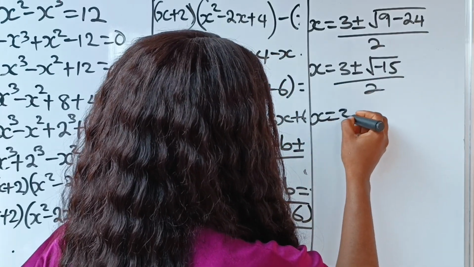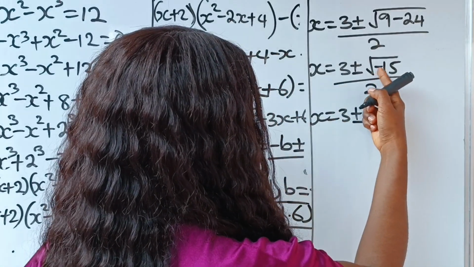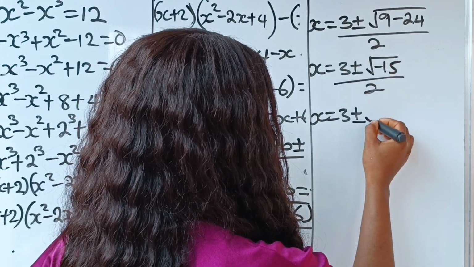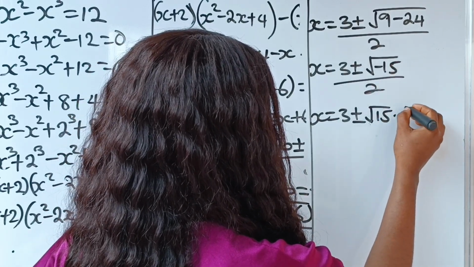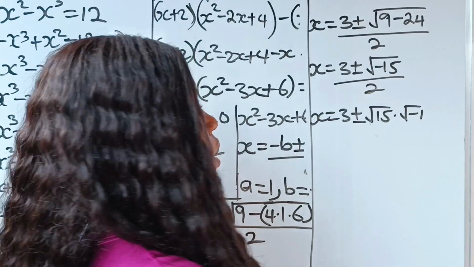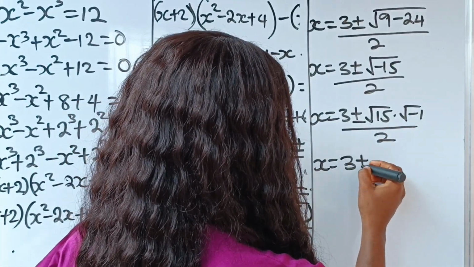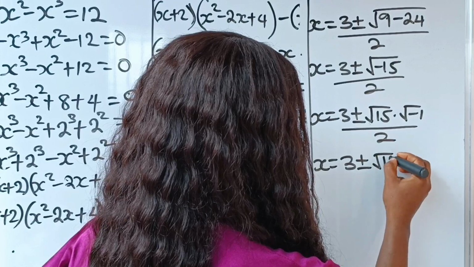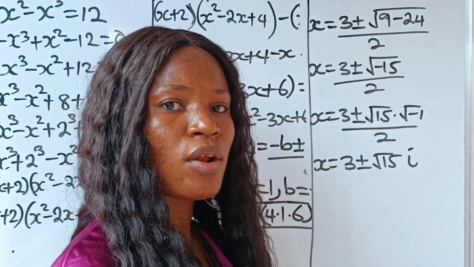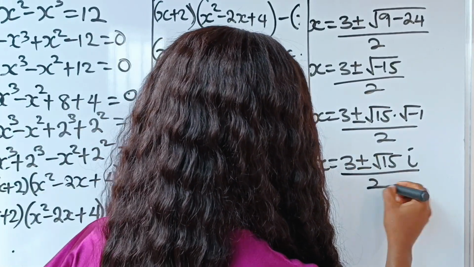So our x should be 3 plus or minus, now this is the same thing as square root of 15 multiplied by square root of minus 1, divided by 2. So we have x is equal to 3 plus or minus square root of 15i, since root minus 1 is i, divided by 2.